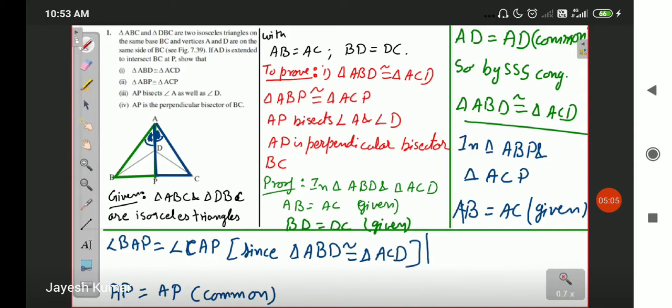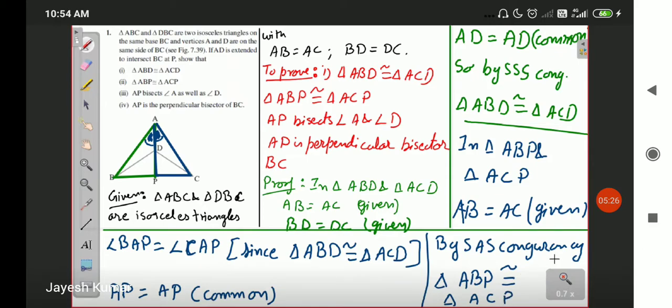So in this manner we get two sides and one angle between them by SAS congruency. Both of these triangles are congruent. Triangle ABP will be congruent to triangle ACP. Okay, so I guess first part and second part are done now.